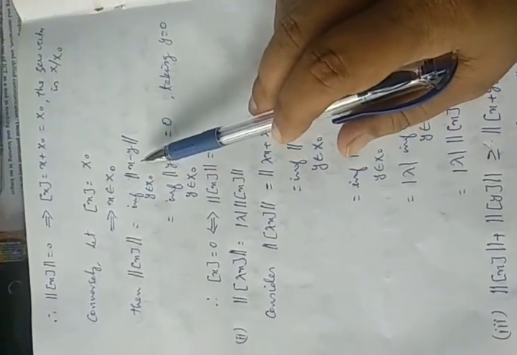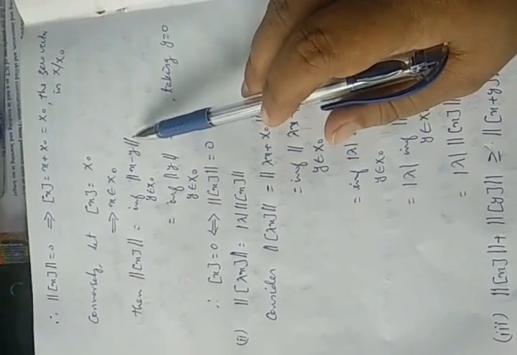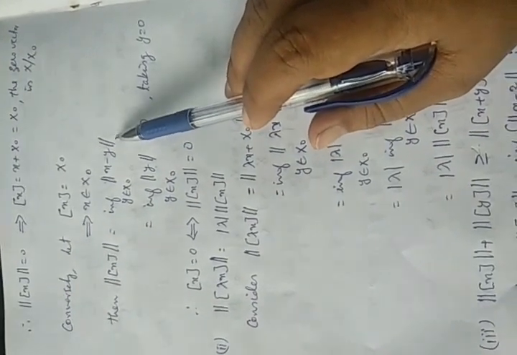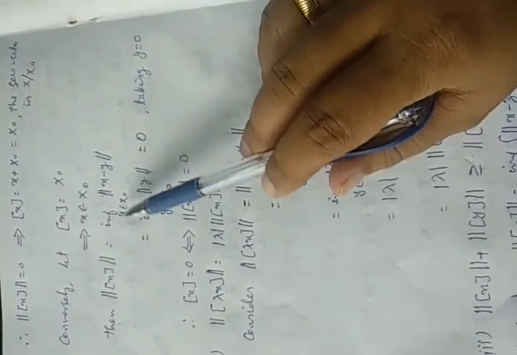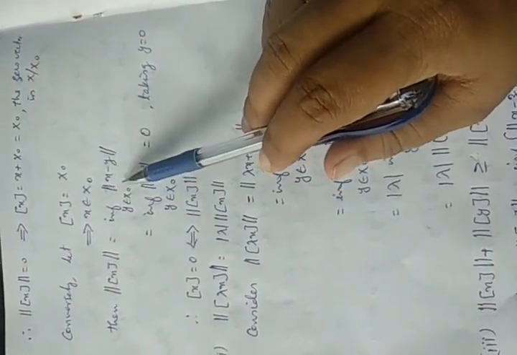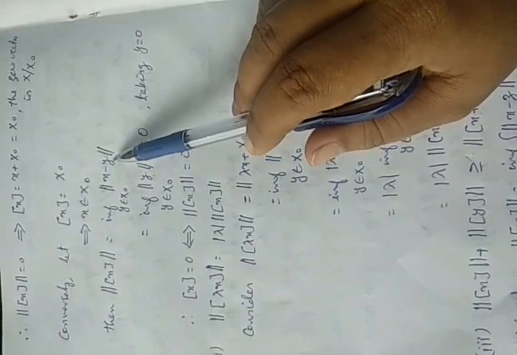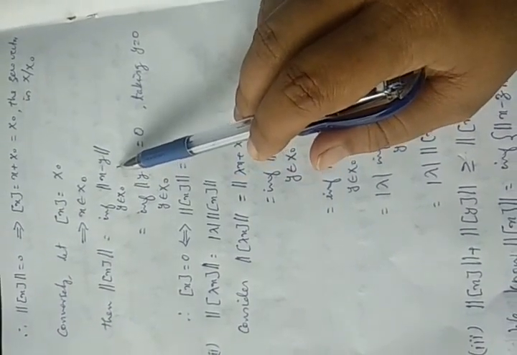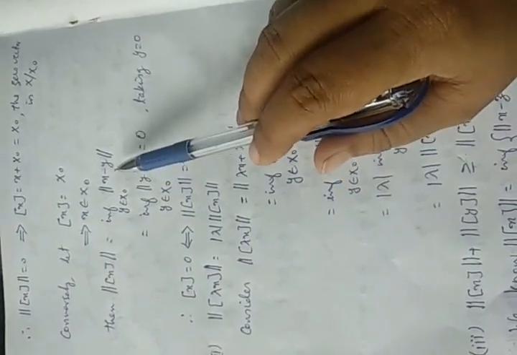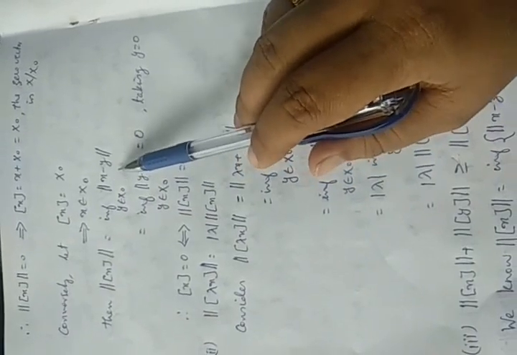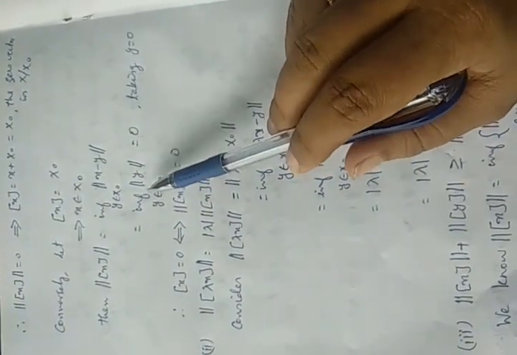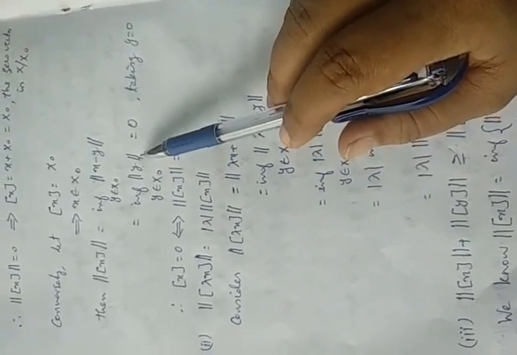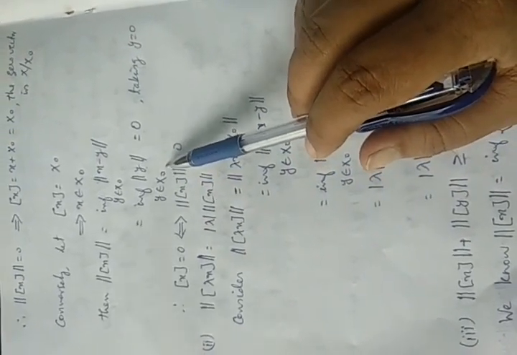So x minus y also belongs to x naught because x naught is a subspace. So the infimum is taken over a vector in x naught, and we rename this vector as y itself. So this is equal to the infimum of norm of y, where y belongs to x naught.